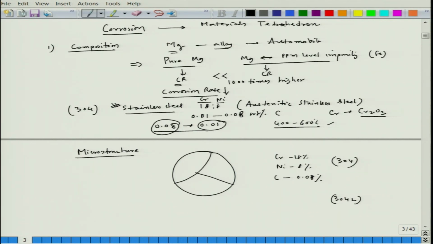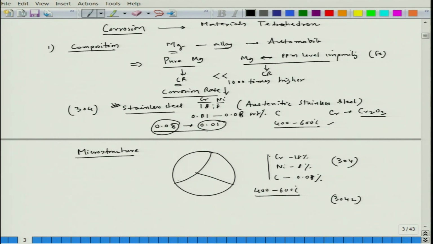Okay. So, in that case, for example, if we take the same composition and hold it at a particular temperature, let us say 400 to 600 degrees Celsius, let us say you have heated it to a certain temperature, and then while cooling, if the cooling rate is slow, then the time of retention in this temperature range will be much higher.